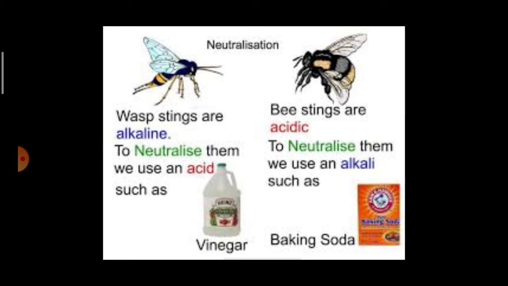The wasp sting itself is a base, so we have to apply some acid like vinegar. And what about the bee sting? Bee stings are acidic in nature, so to neutralize them, we use an alkali such as baking soda. If it is an ant sting or a bee sting, we can use a base like baking soda. But to neutralize the wasp sting, we use an acid like vinegar.